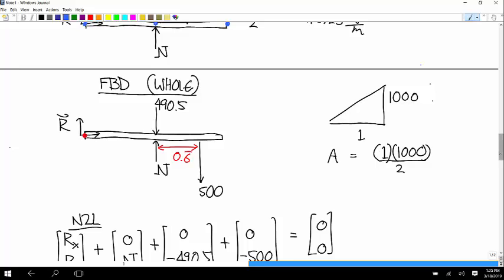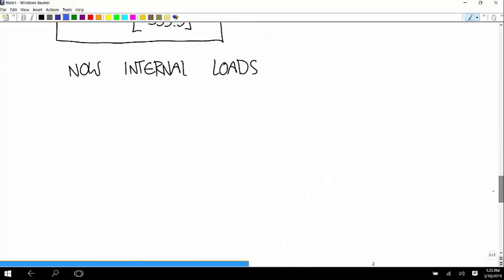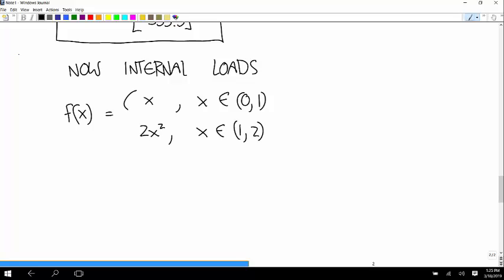Remember, stuff like this where you have x on the interval 0 to 1, or 2x squared for x between 1 and 2, or something like that.